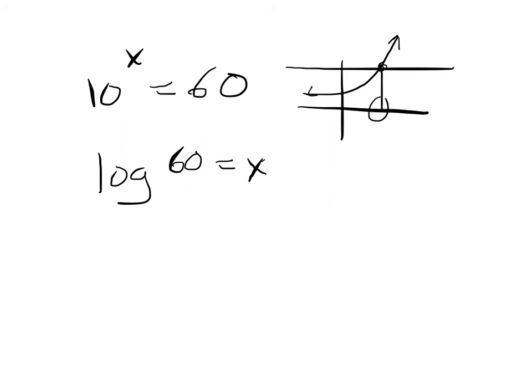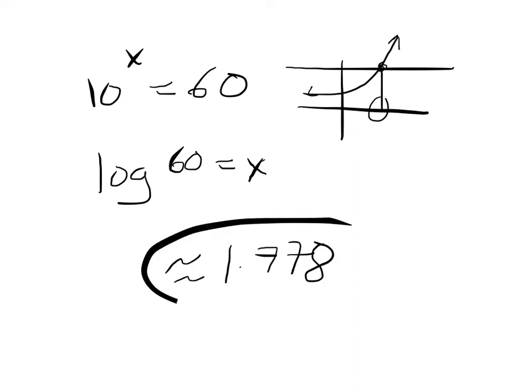I then can simply type that in on my calculator. I've got a log key on my calculator, and when we hit log of 60, we get about 1.778. Indeed, a number between 1 and 2, closer to 2.